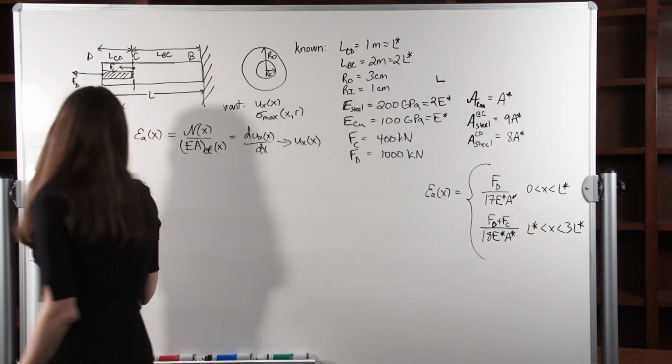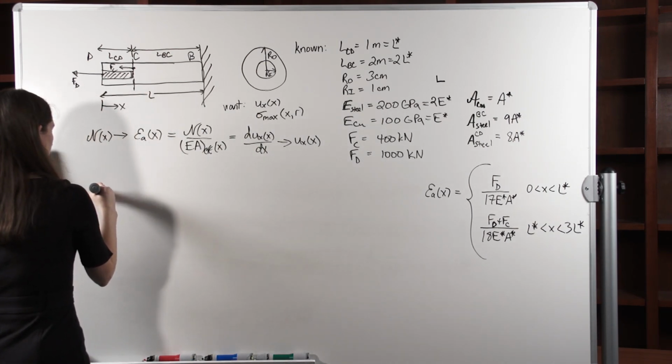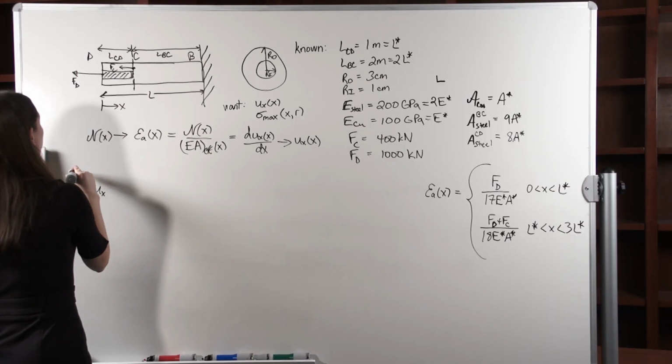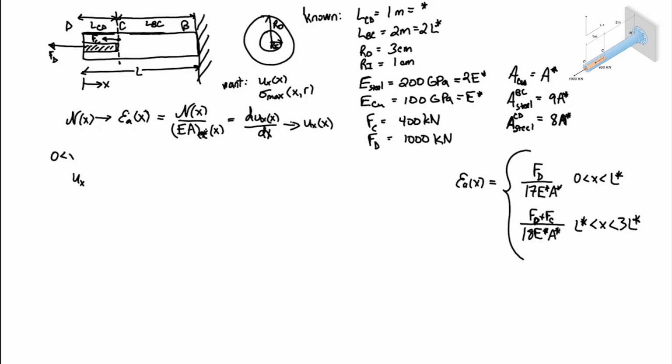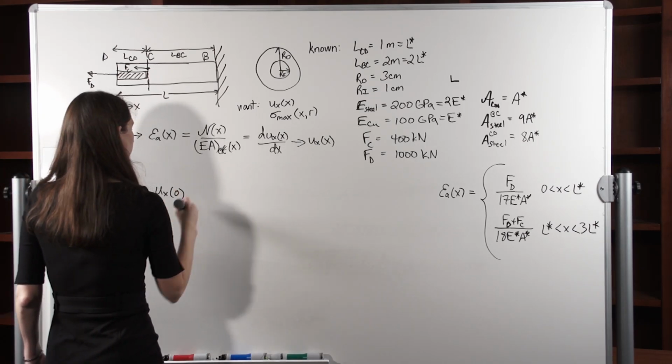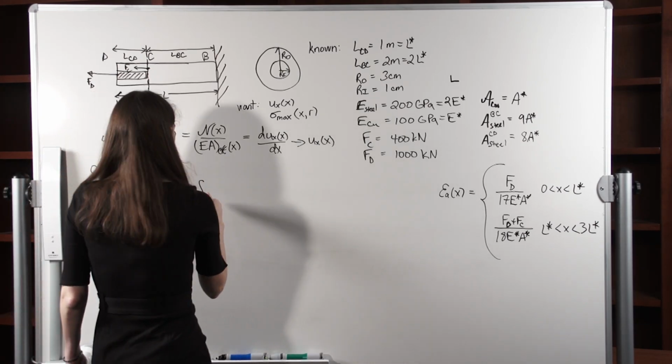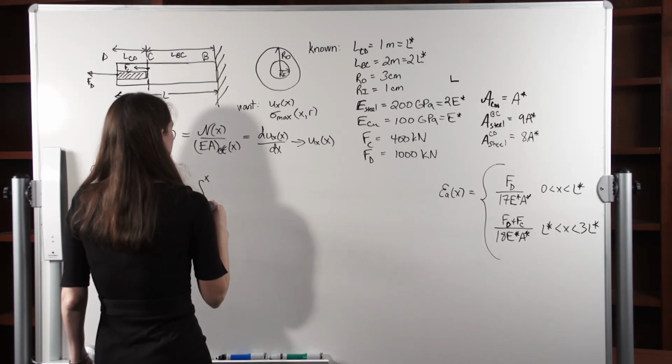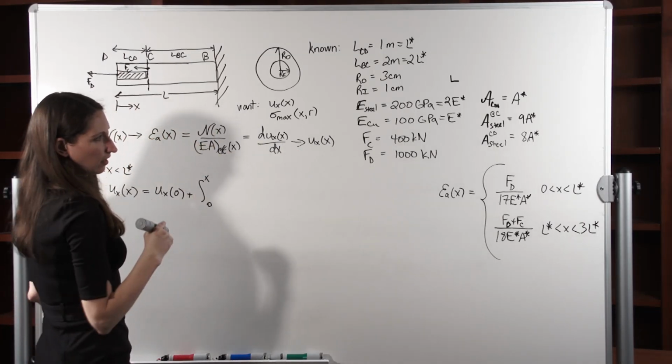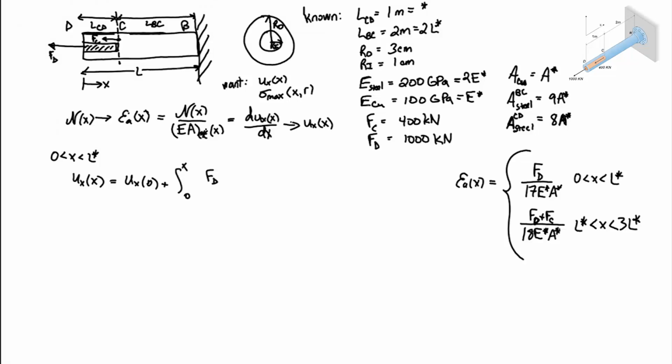So we can go right ahead and find our displacement field. Again, let's say in section CD, so from x is 0 to L star, we have that u_x of x is equal to u_x of 0 plus the integral from 0 to x of epsilon of x, so Fd over 17E star A star, dx, right?